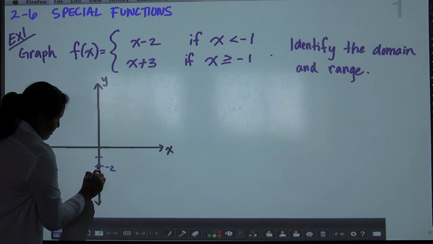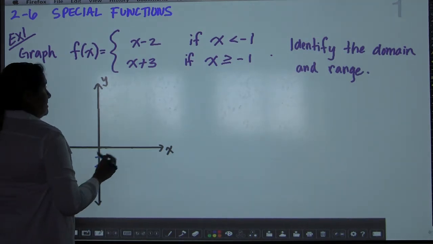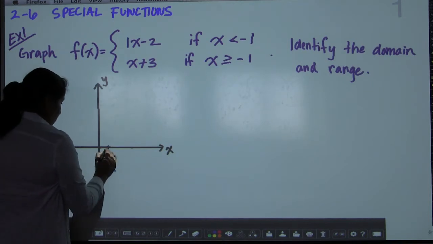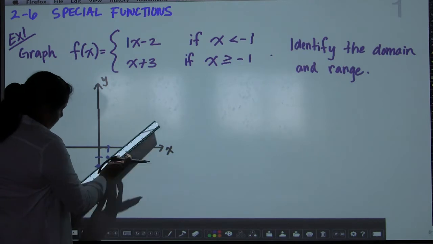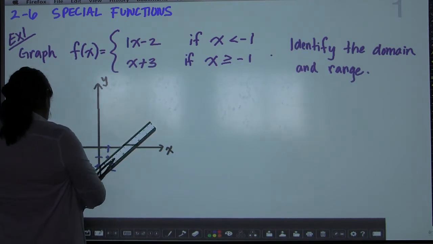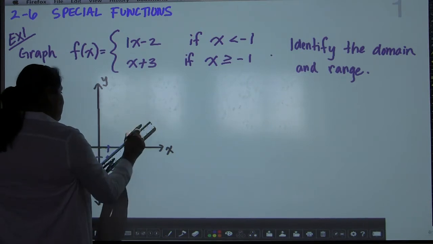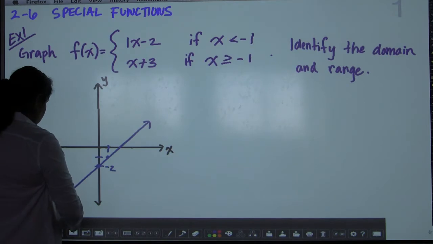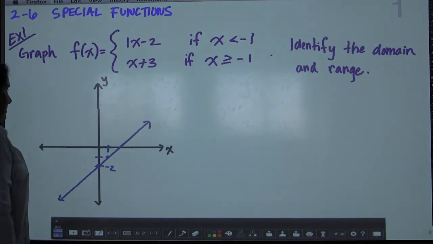Then my slope is the number in front of x, in this case 1. So I go up 1, over 1, and put my second dot. I connect the two dots together, and I get a line that looks like this. So far, so good. That's the function y equals x minus 2.